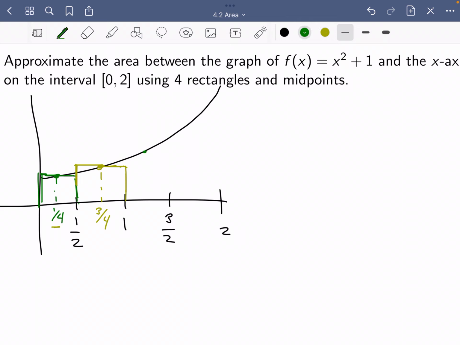Our next midpoint is happening at 1 1/4 or 5/4. And our final midpoint up here is 7/4.